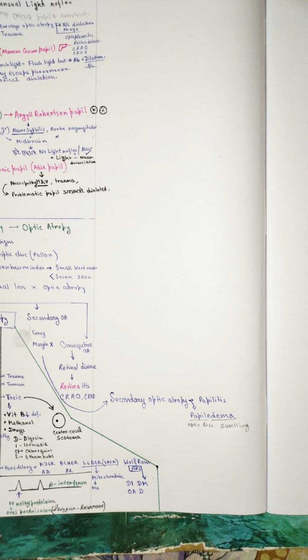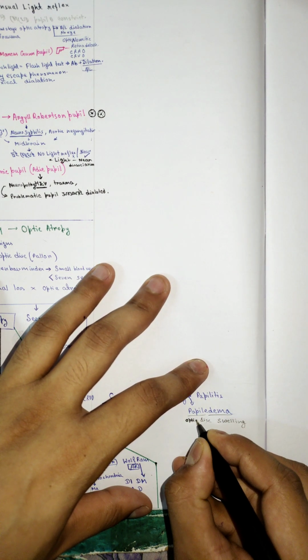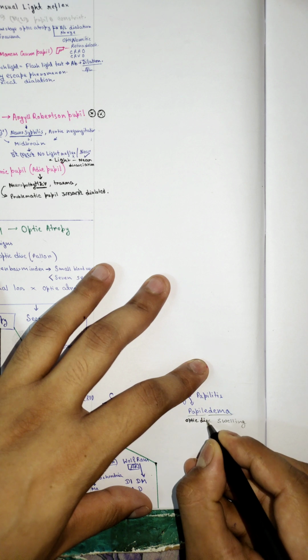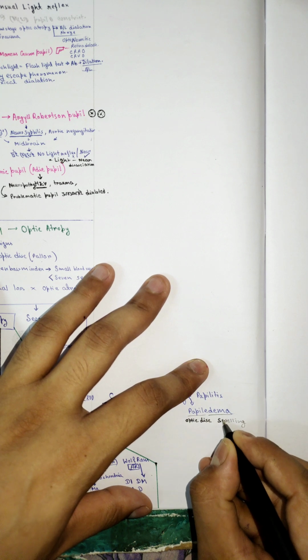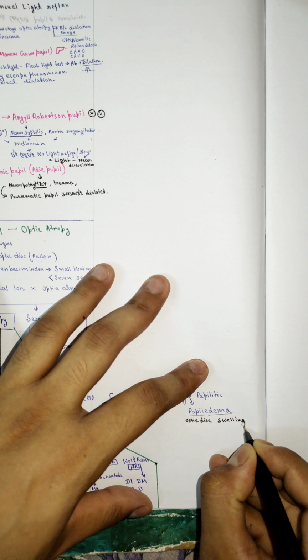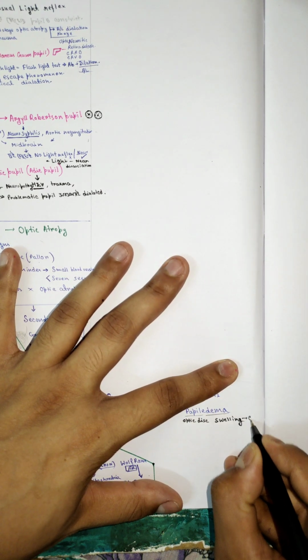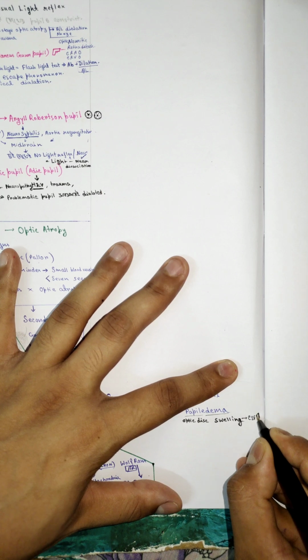Swelling can happen as inflammatory and non-inflammatory. Here the optic disc swelling is due to increased CSF.